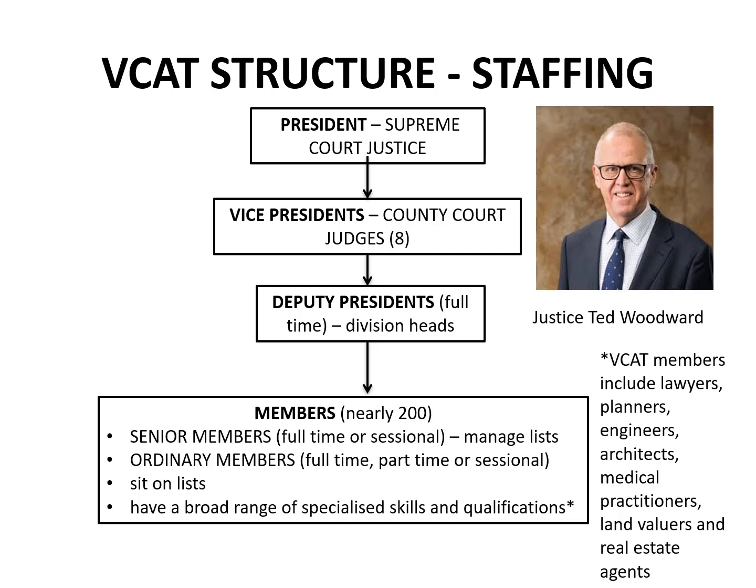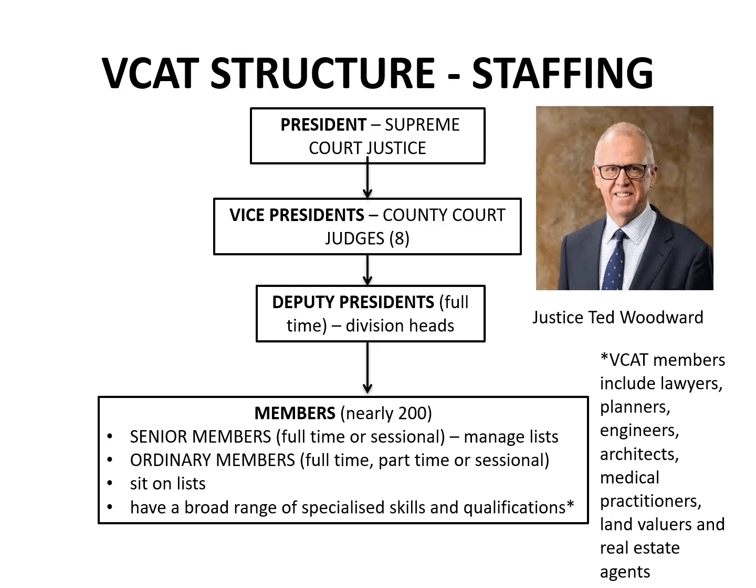Because VCAT deals with a range of different disputes, it is divided up into 5 divisions that deal with different kinds of disputes. Each division is headed up by a deputy president. The divisions are further broken up into lists. Each list specialises in particular types of disputes, and each list is headed up by a senior member.